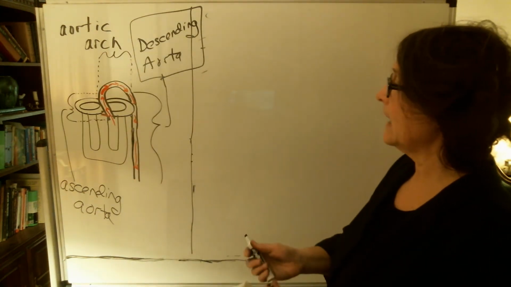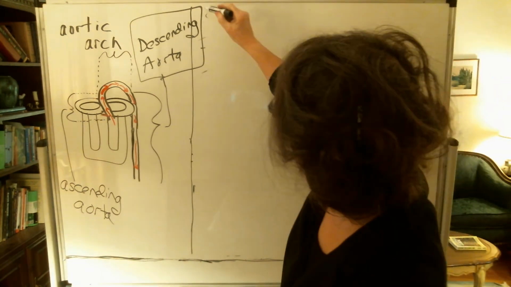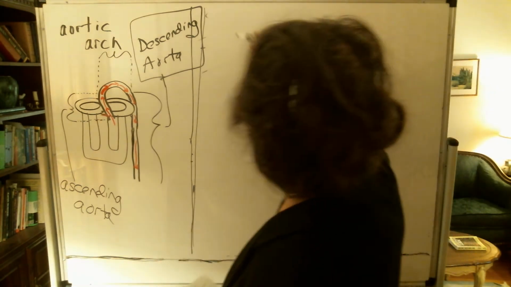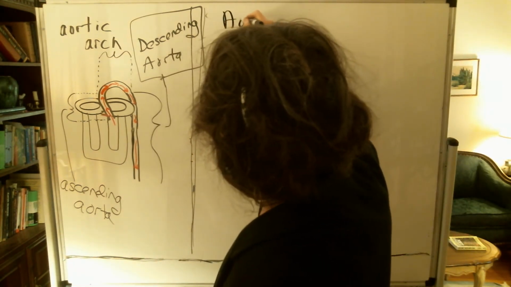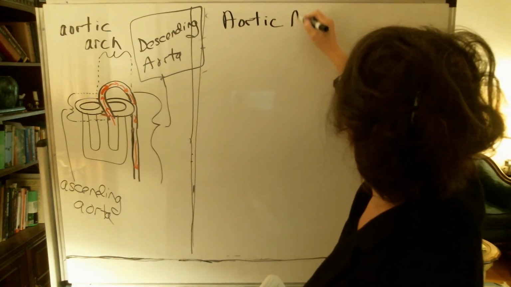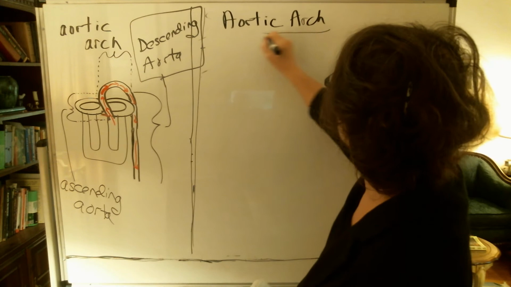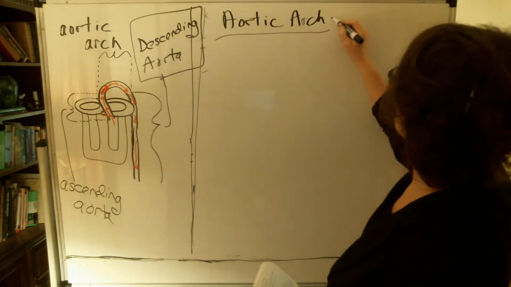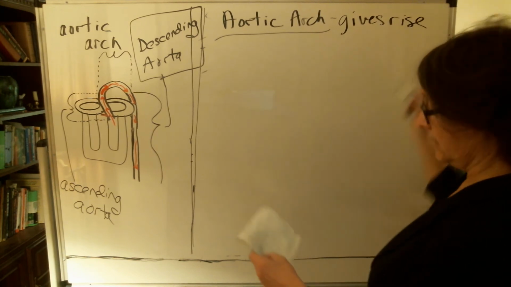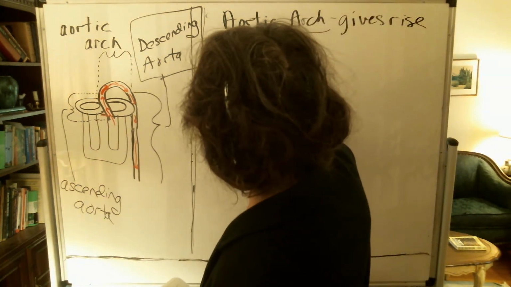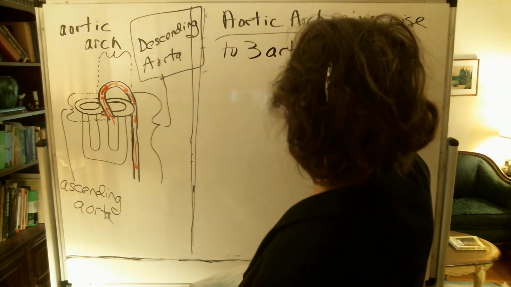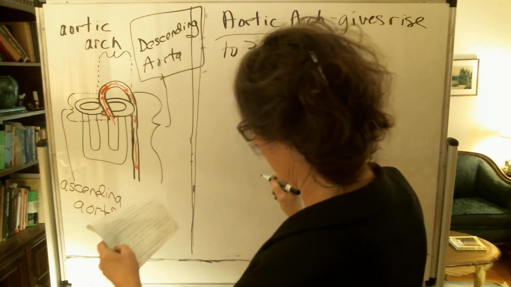Okay, so carrying on with what we see here, you've learned about the ascending aorta. Now I'm going to give you a few details about circulation coming out of the aortic arch. So this gives rise to 3 arteries.